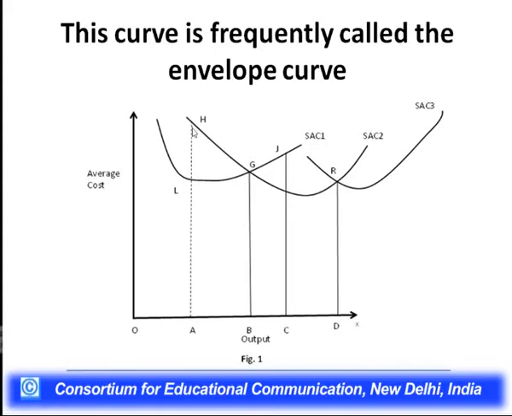So AH is much greater than AL, and you can also see if we choose the largest size of the plant, then naturally it will be even more than AH. So it will be better to choose plant SAC1 if the firm wants to produce the output OA, and up to OB output it is good to be on SAC1.